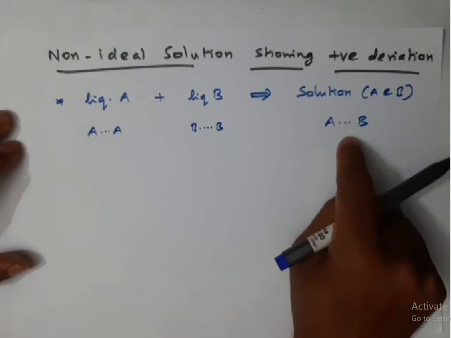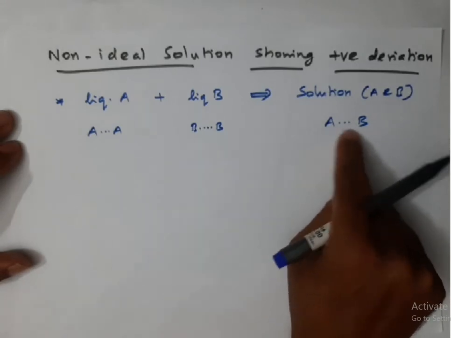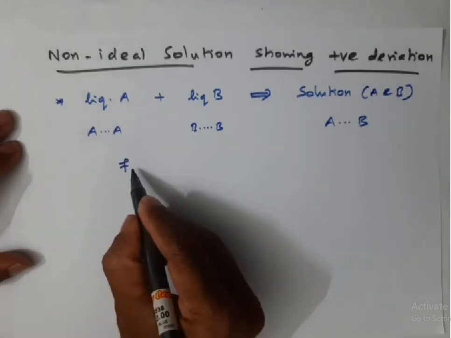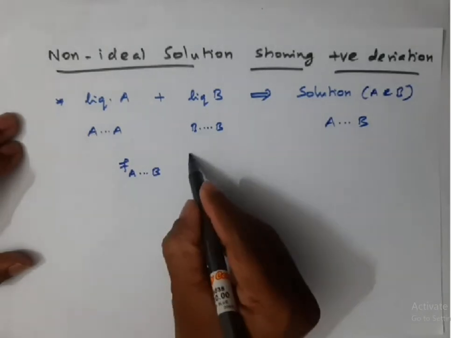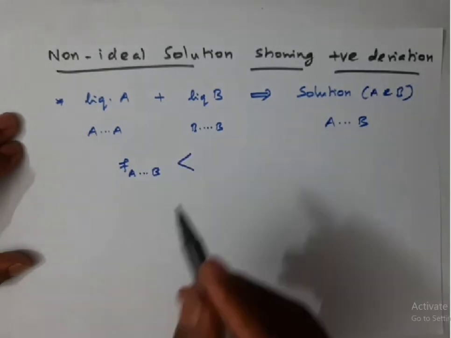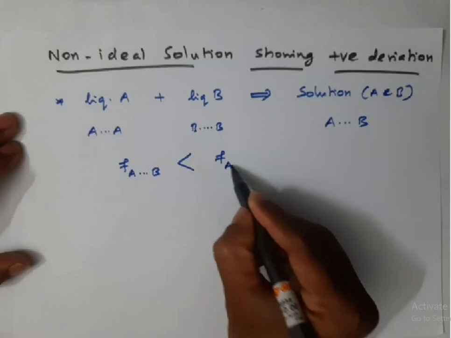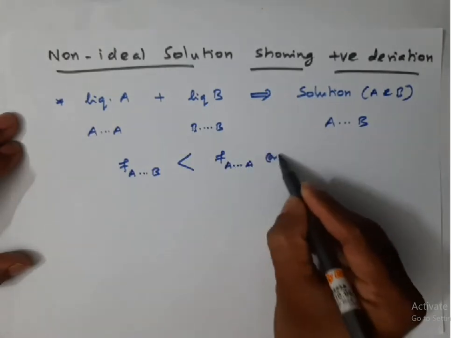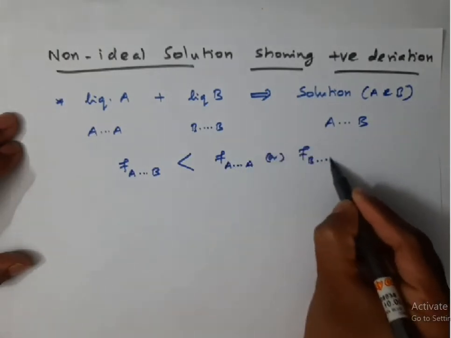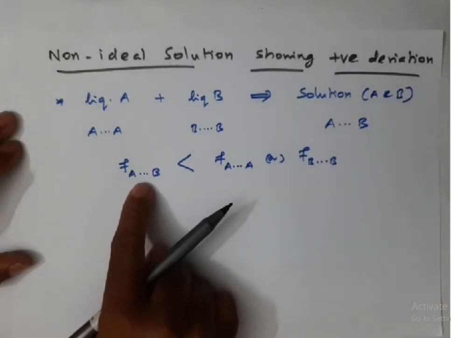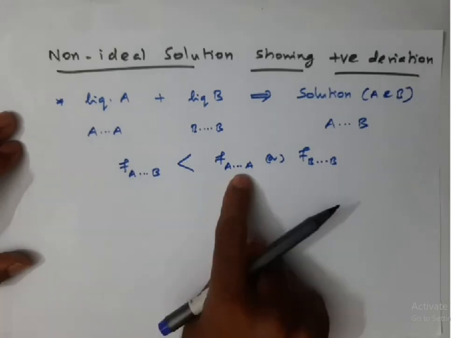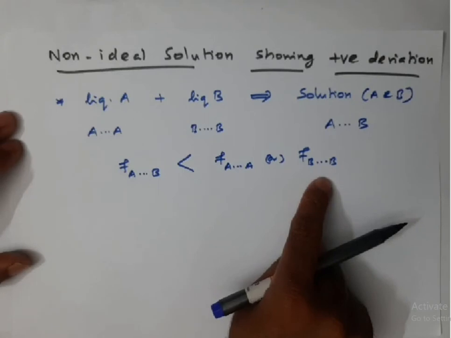Now if the force of attraction between AB is less than the force of attraction between AA or BB, then what will happen?